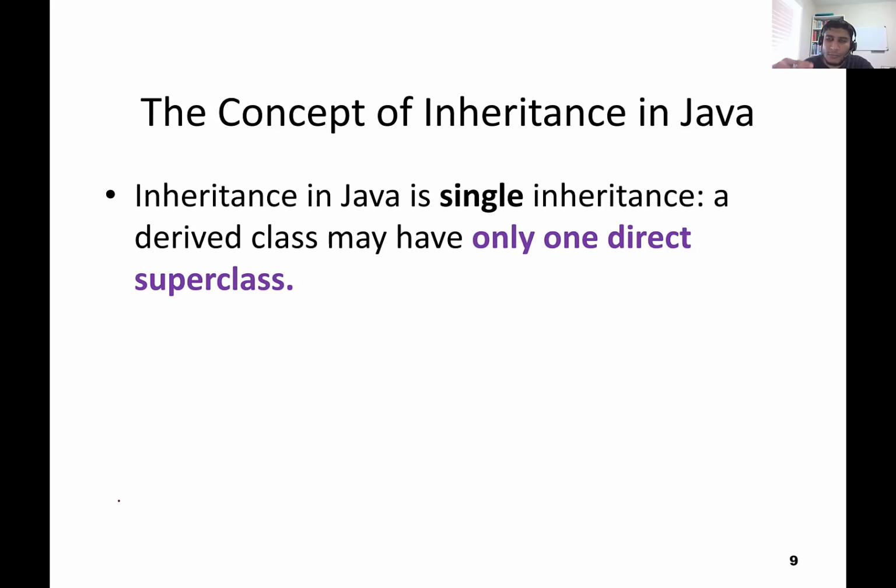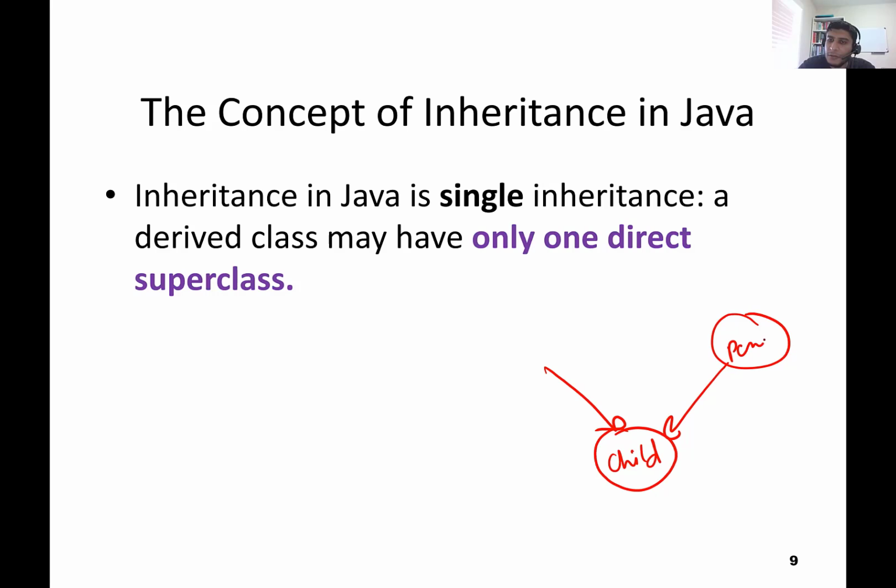Some languages, C++, for example, allow you to have one child class or a subclass that inherits multiple classes, right? So parent 1 and parent 2. This is called multi-inheritance. This is not allowed in Java. In Java, any class can only be a child of a single class, right?